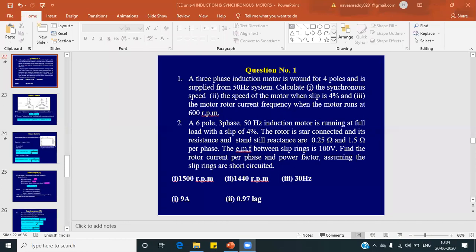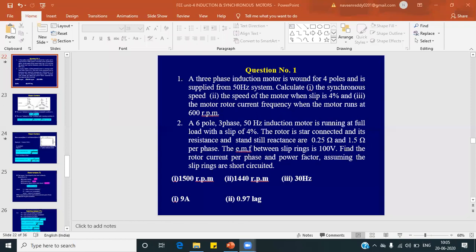I told you during the RMF, rotating magnetic field concept, that if RYB is the phase sequence, the rotation is clockwise. If you want to change the rotation, you have to make it RBY instead of RYB. That is the braking concept, changing the phase sequence. I hope your doubt is cleared to some extent. That doubt is from Leela Manogna.